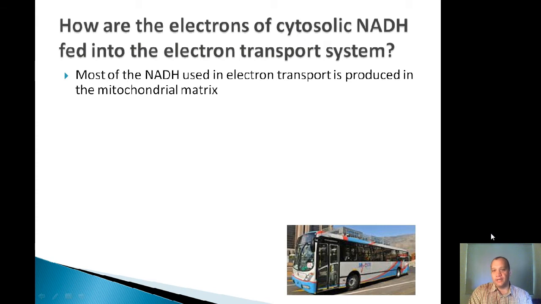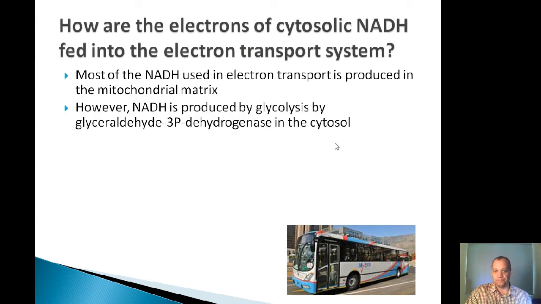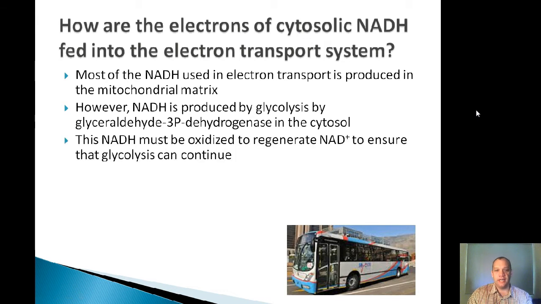However, we said that in reaction 6 of glycolysis, we have an NADH being produced by this enzyme called glyceraldehyde 3-phosphate dehydrogenase. And this NADH must also be oxidized to regenerate NAD+, to ensure that glycolysis can continue. And we spoke about this at that time.